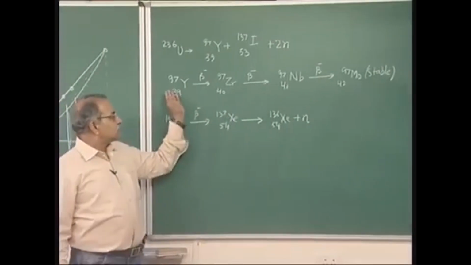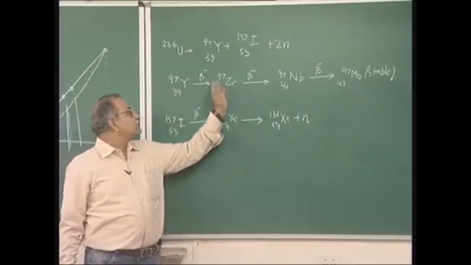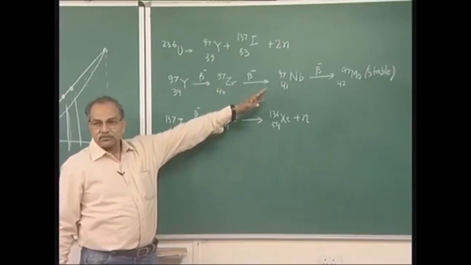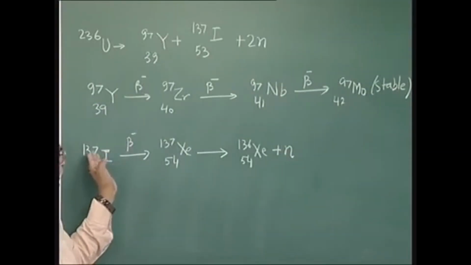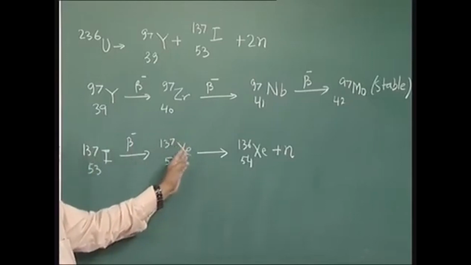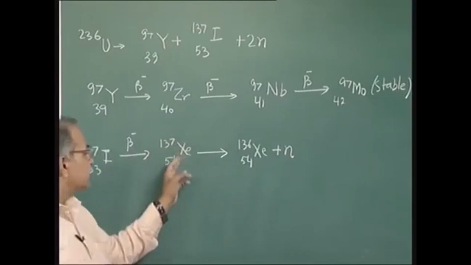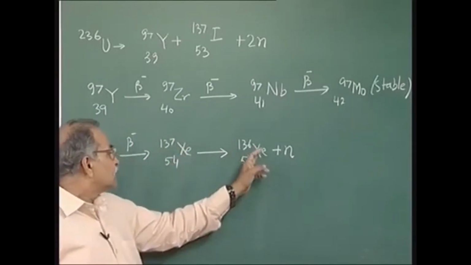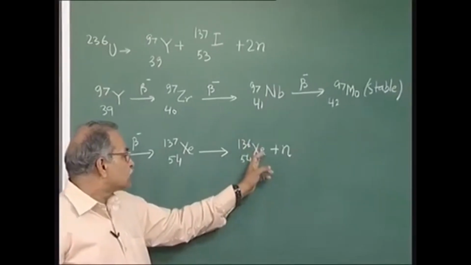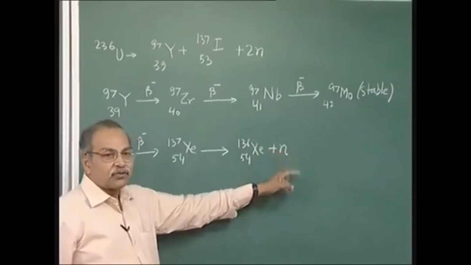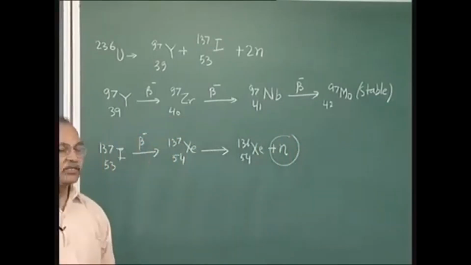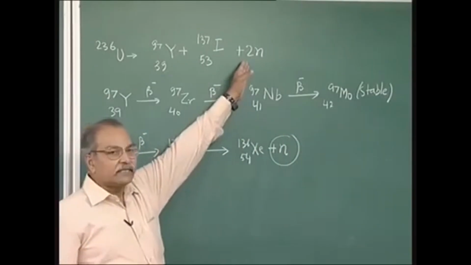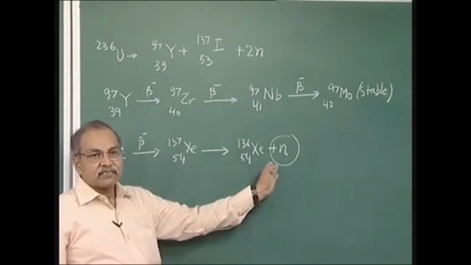So, you have a regular chain of 1, 2, 3 beta decays that goes to stable, but for this iodine, first it decays to xenon 137, and that xenon 137 goes to xenon 136 and a neutron. So, again you have gotten a neutron here. So, you have 2 neutrons here and then a third neutron is coming here.